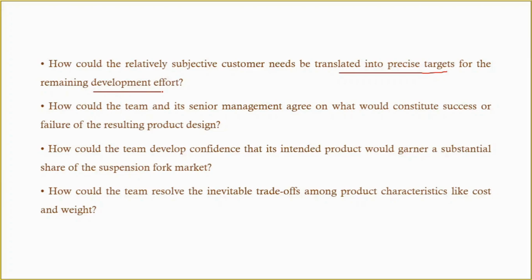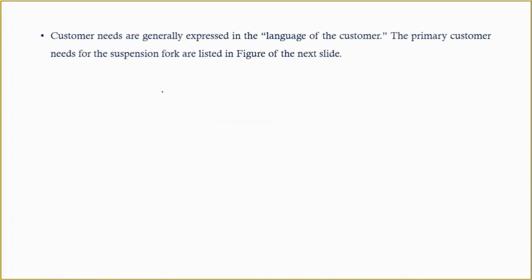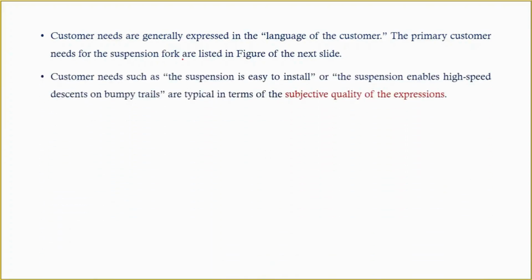Ultimately, they have to find out the specification based upon the customer or user needs. So the question comes here: what are specifications, basically? The answer starts with this. Customer needs are generally expressed in the language of the customer. Language of the customer means what they want from us. The primary customer needs for the suspension fork are listed in the figure that we are going to see in the next slide.